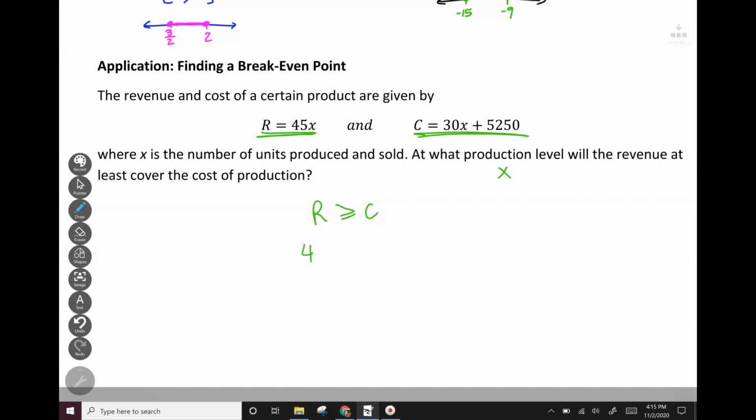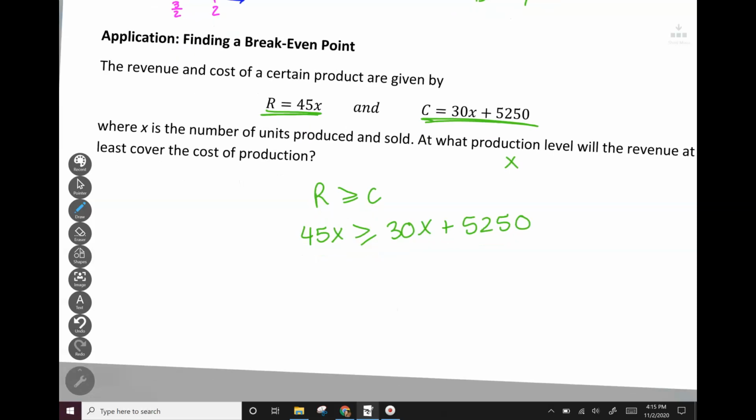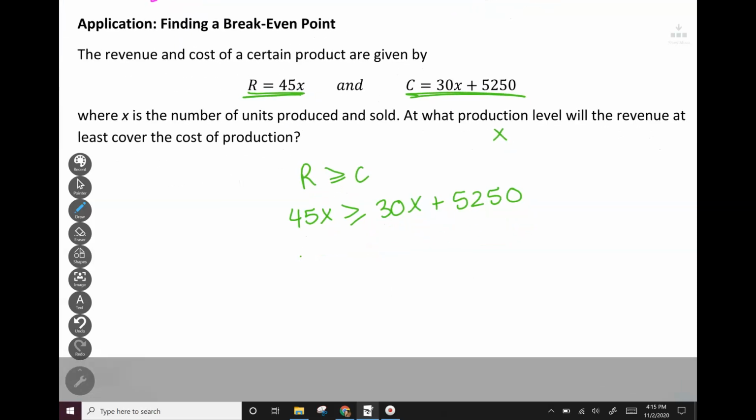So that's 45x is greater than or equal to 30x plus 5250. And then we solve for x. So subtract the 30x. And you can divide that by 15.